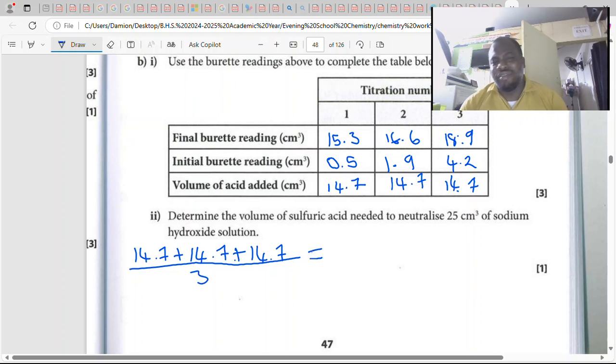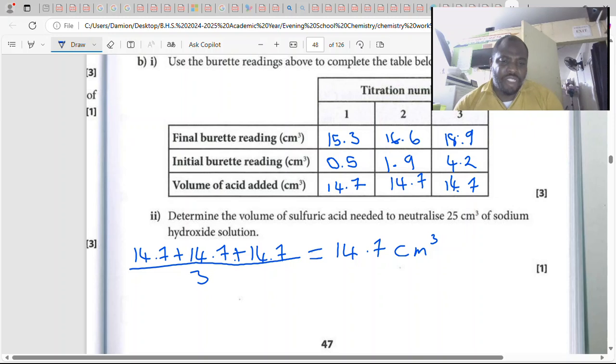Technically, we're saying that it is 14.7 centimeter cube. What does this mean?